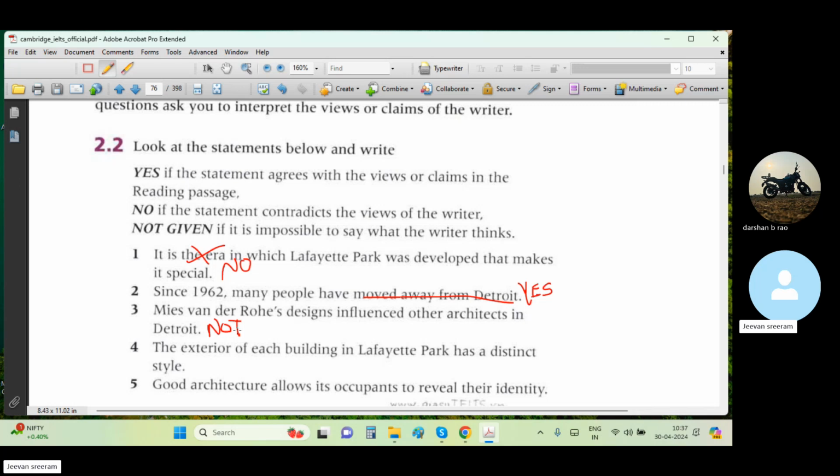There is no such information given anywhere in the passage, so it must be not given.